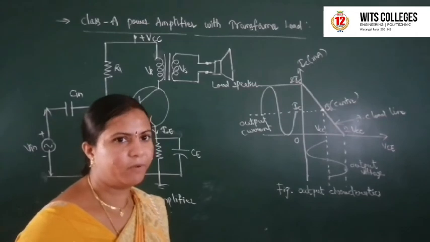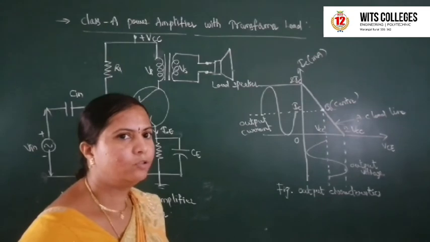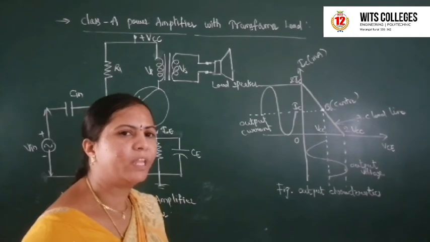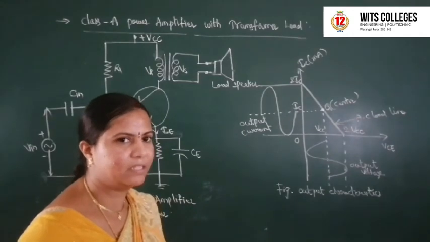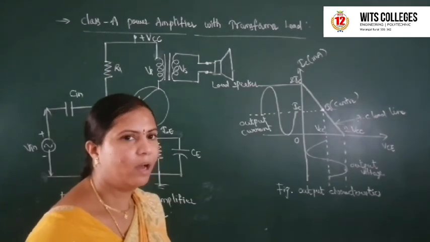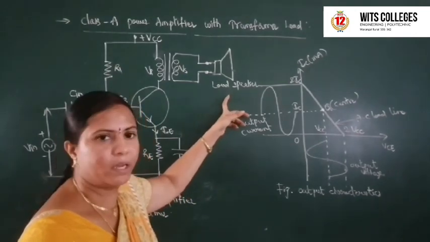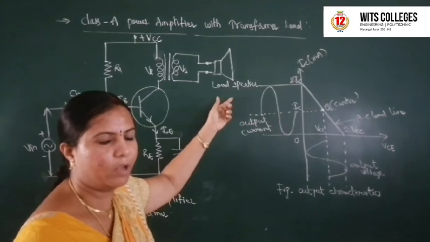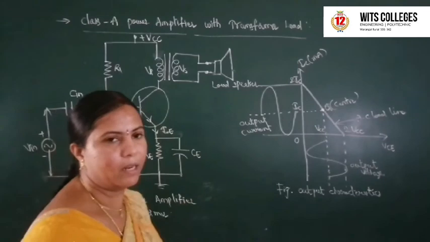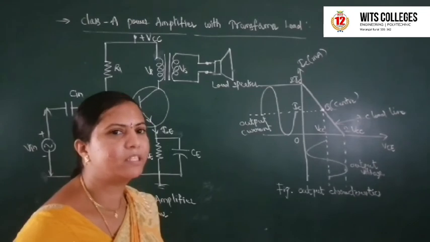In order to transmit maximum power to drive the loudspeakers or antennas, the power amplifier output impedance must be matched to the input impedance of the loudspeaker. Then only the maximum power will be delivered. So for this we have to use transformers for impedance matching.